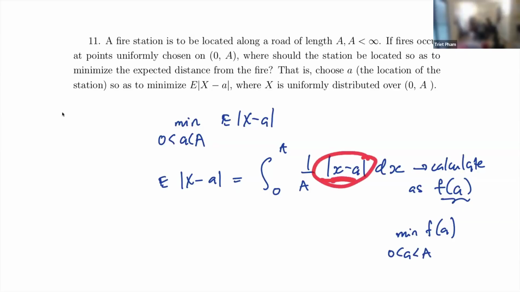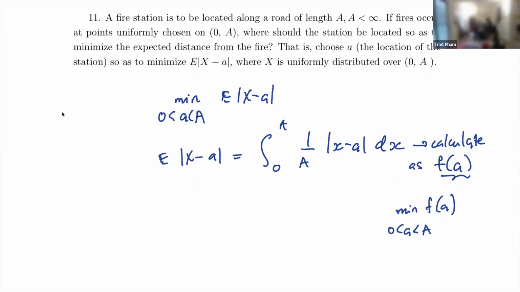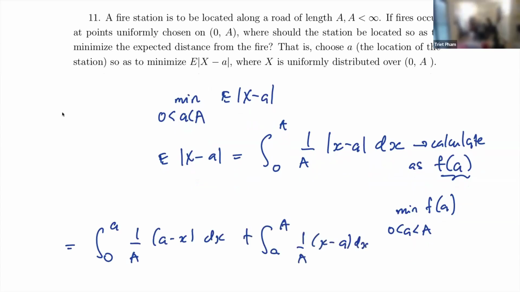What we should do is to take care of the absolute value, which will be 0 to little a of a minus x, and a to big A of x minus a. Is that okay? Any question about this?